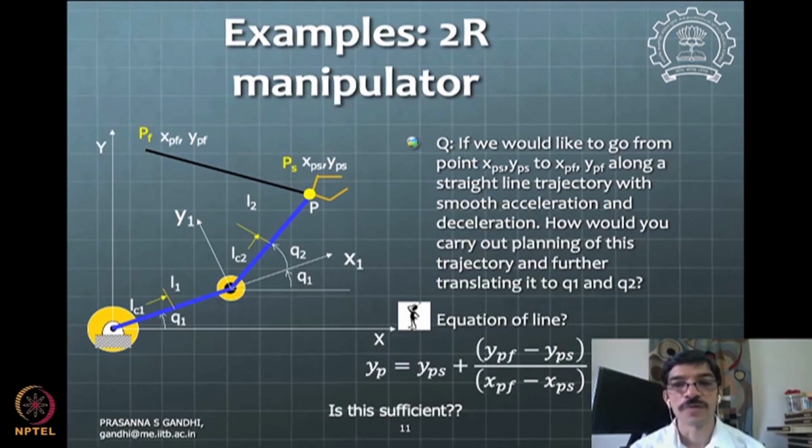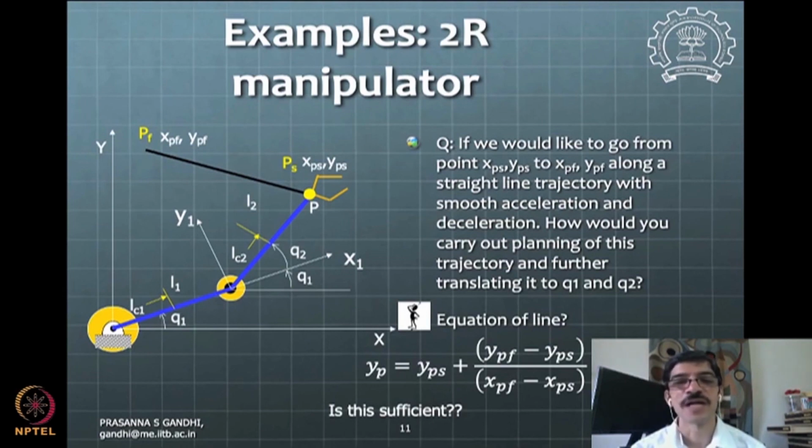How do I plan now? What I need is to plan for xp. Then my yp will come out of this relationship. So I need to plan how my trajectory for xp will evolve in time. Can you think about how to plan the xp variable?